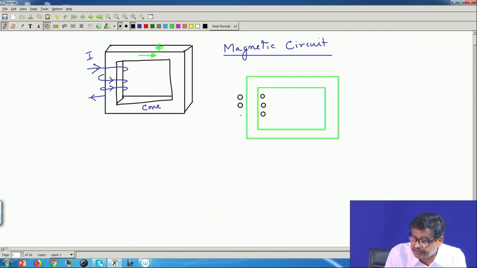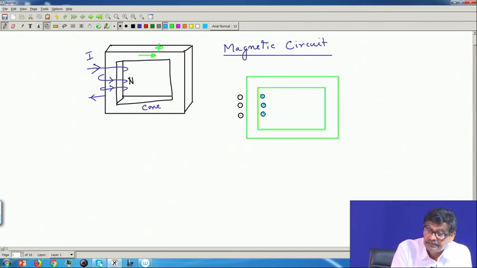These are the coil sections. How many coil sections we will see? As many as the number of turns, and the direction of the current as shown can be indicated by cross and dot like this. This will be cross, cross, and this will be dot. You know.